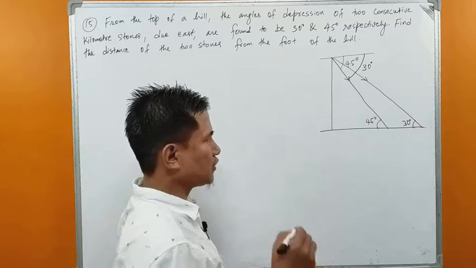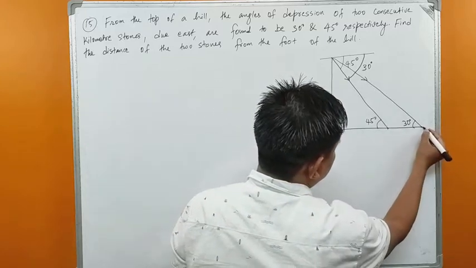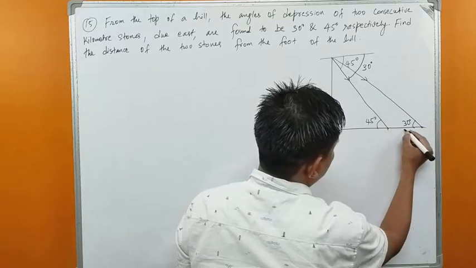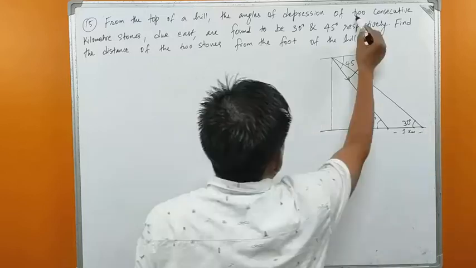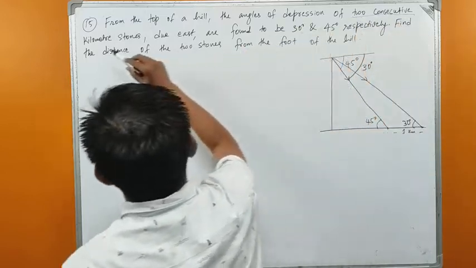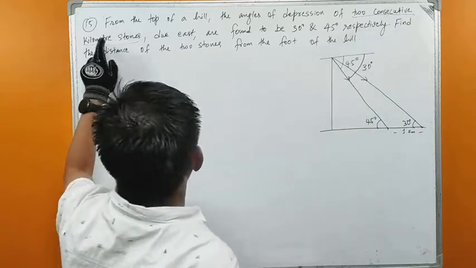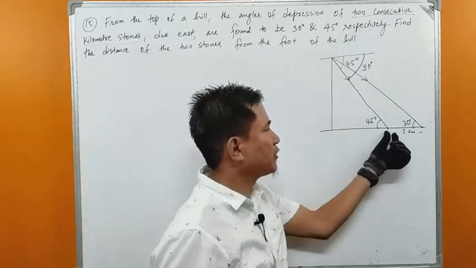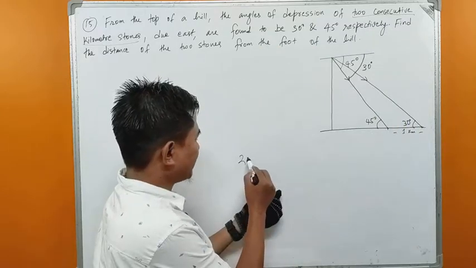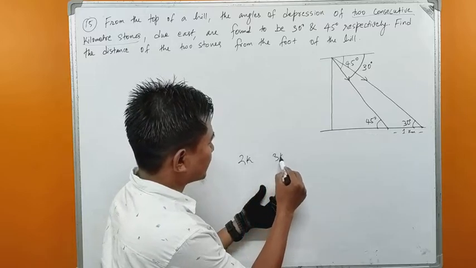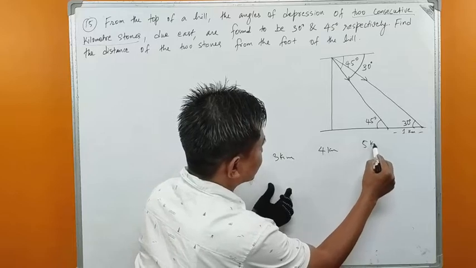Now the most important thing which we should note is the distance between these 2 kilometer stones is 1 kilometer, okay? Because 2 consecutive kilometer stones, it is mentioned in the question, which means after 2 kilometer comes the next 3 kilometer, comes the next 4 kilometer, next 5 kilometer, isn't it?